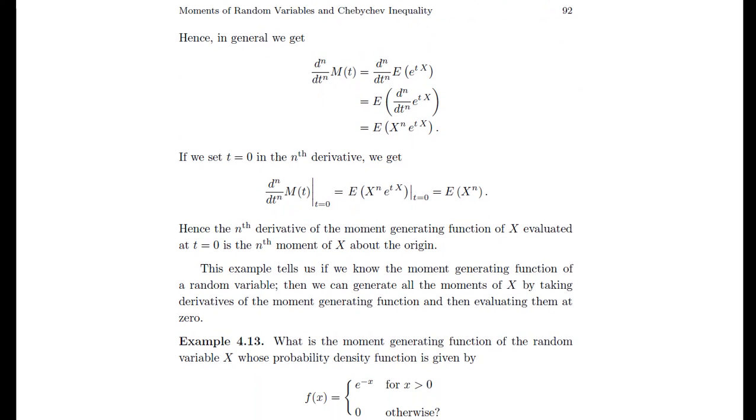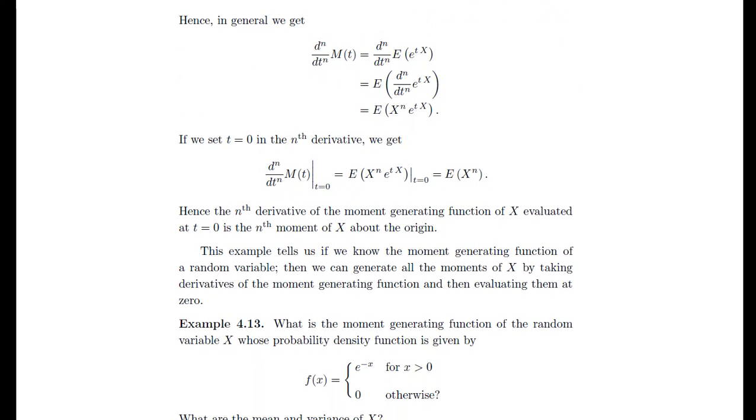Hence, in general, the nth derivative of the moment generating function is equal to the expected value of x to the power n times e to the power tx.